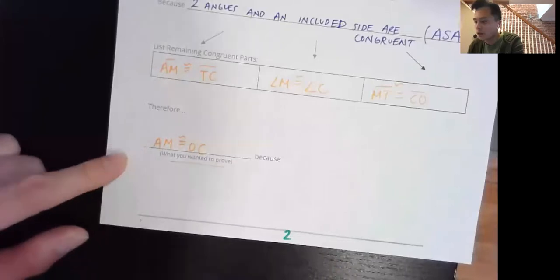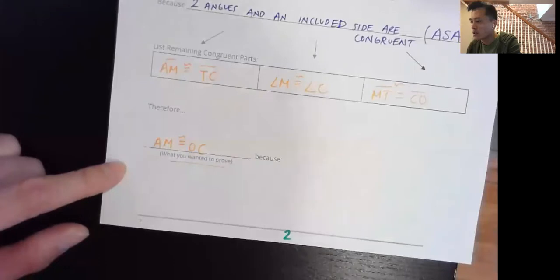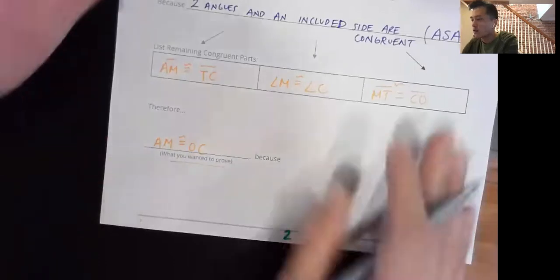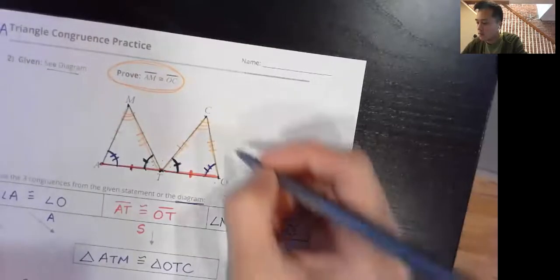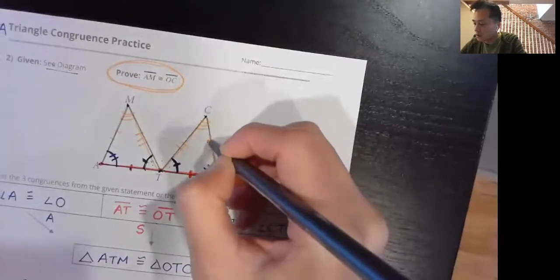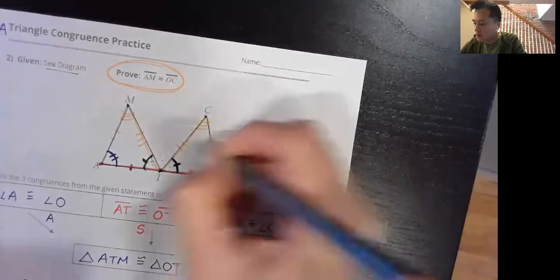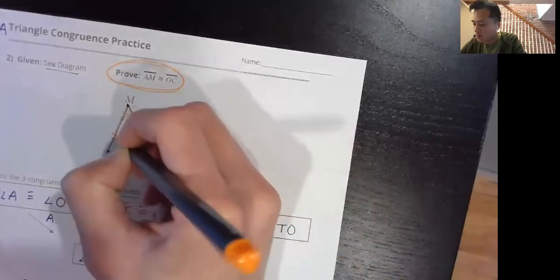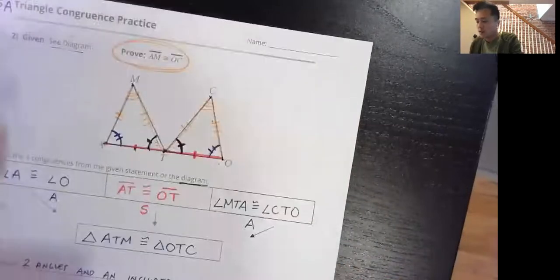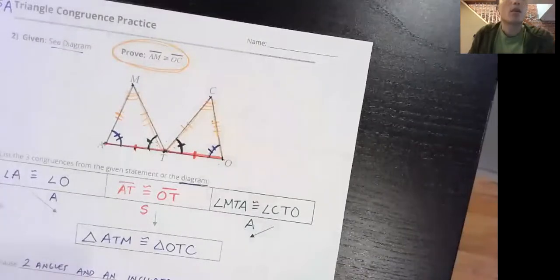And you know what? Doing this now, I realize that I made a little mistake here. Sorry, AM is congruent to OC. So I marked this incorrectly. I'm sorry about that. Let's use another color to clarify.